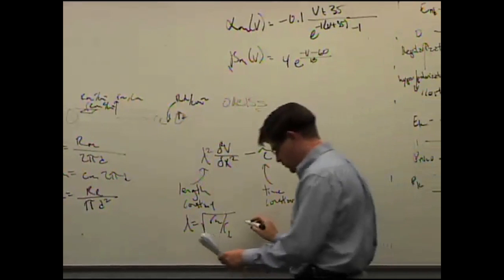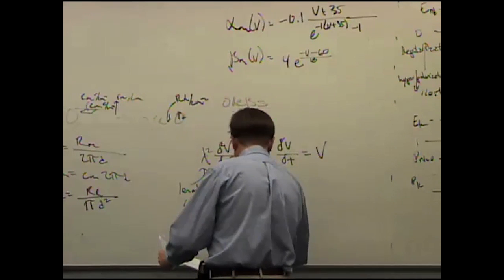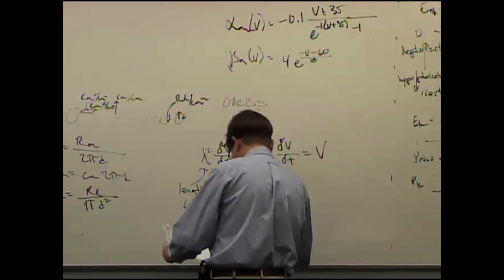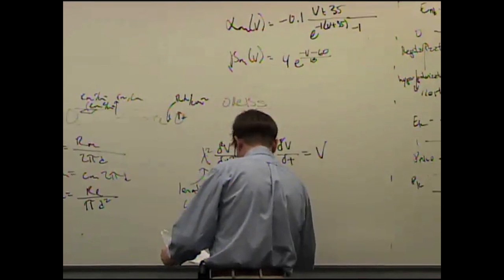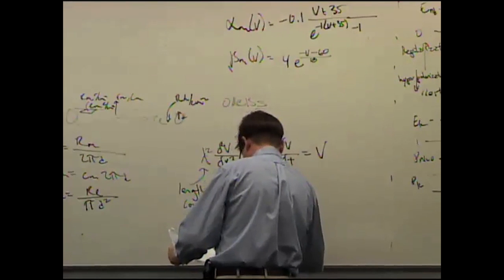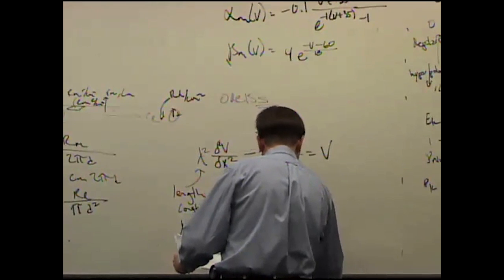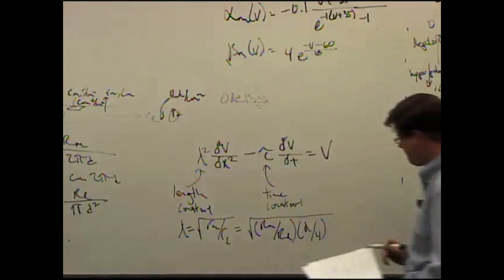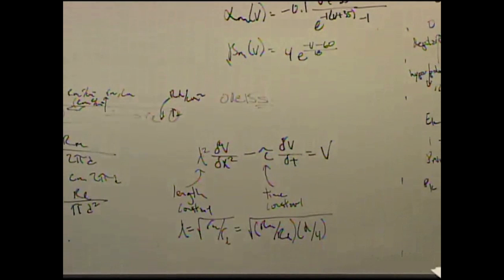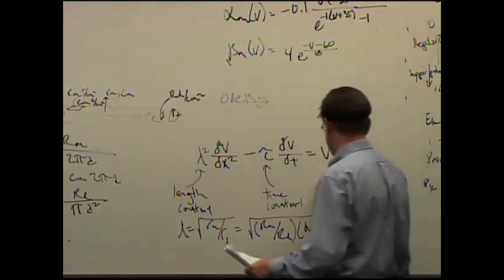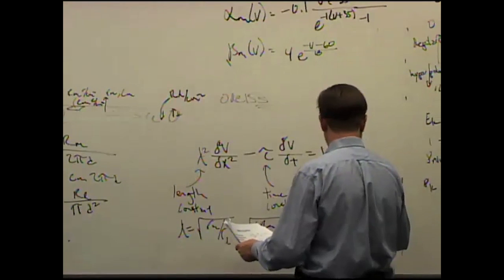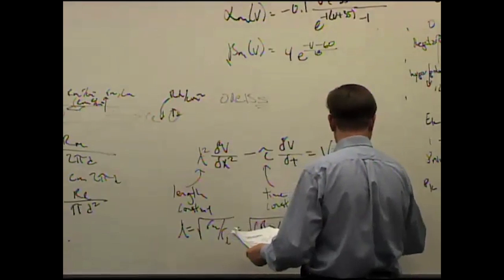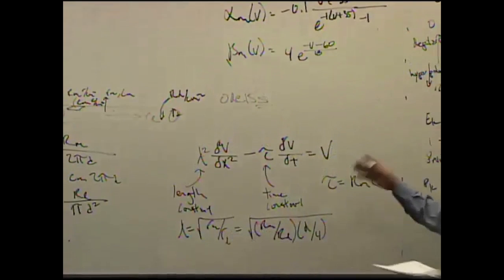And that's equal to the square root of, if we write it out explicitly, Rm over Rl times the diameter over 4. And the time constant, tau, is equal to the resistance of the membrane times the capacitance of the membrane, just like an RC circuit.